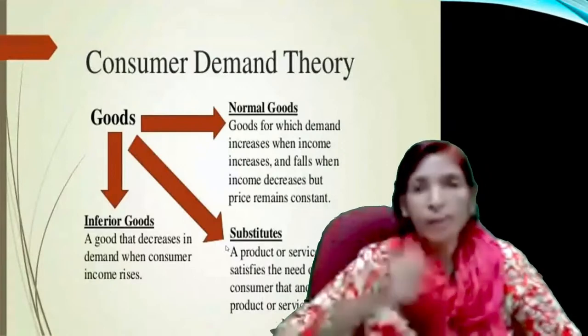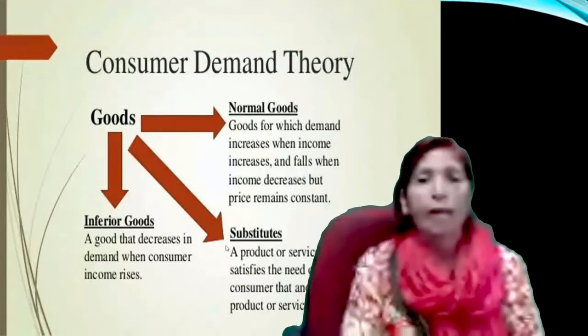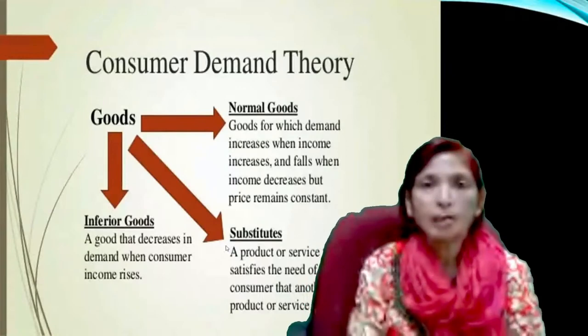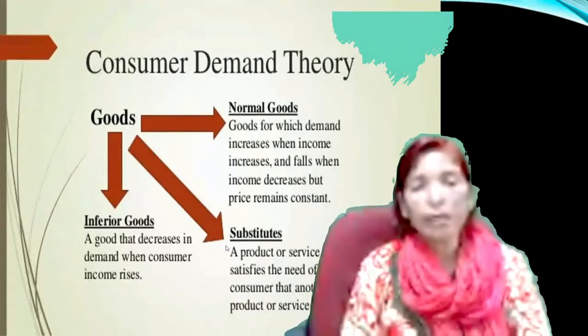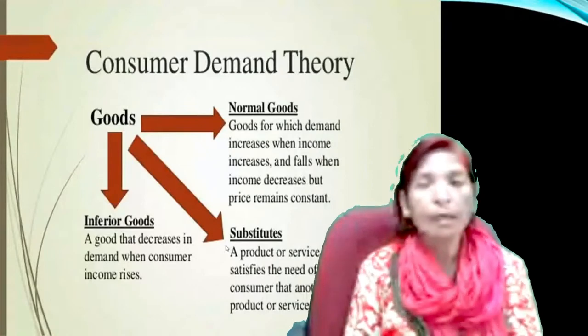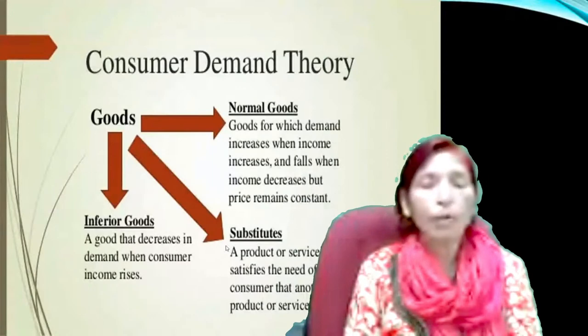And if people are taking toned milk, if their income is less and they are not able to pay a higher price, then they will buy a lower quality product, like double toned or toned milk.